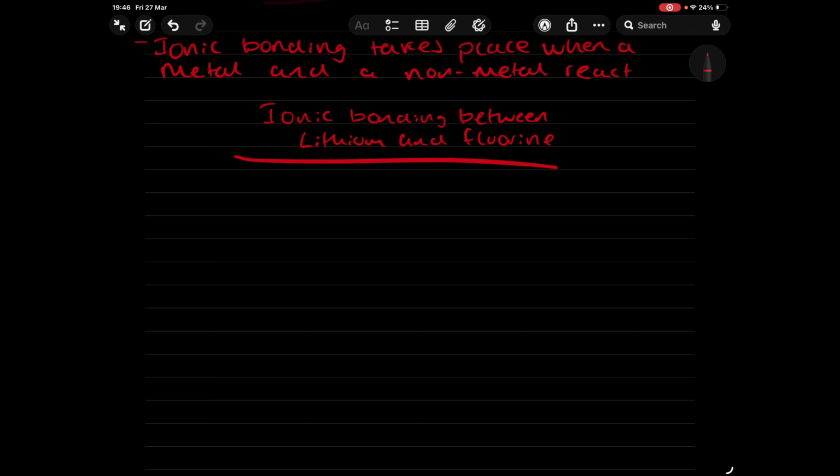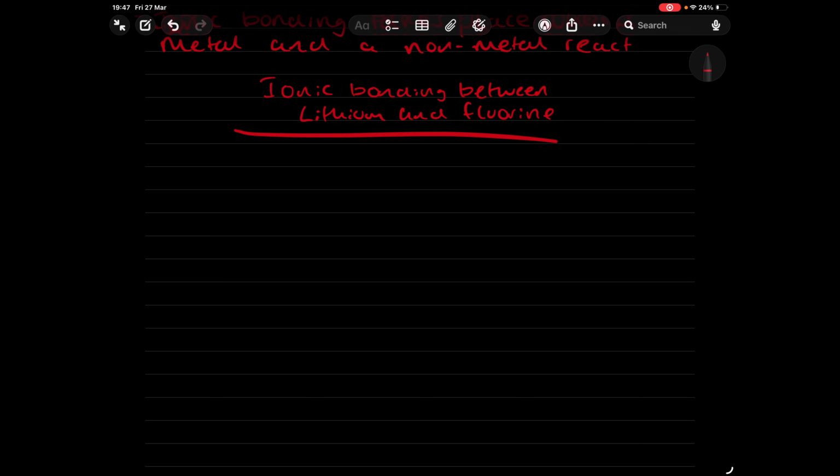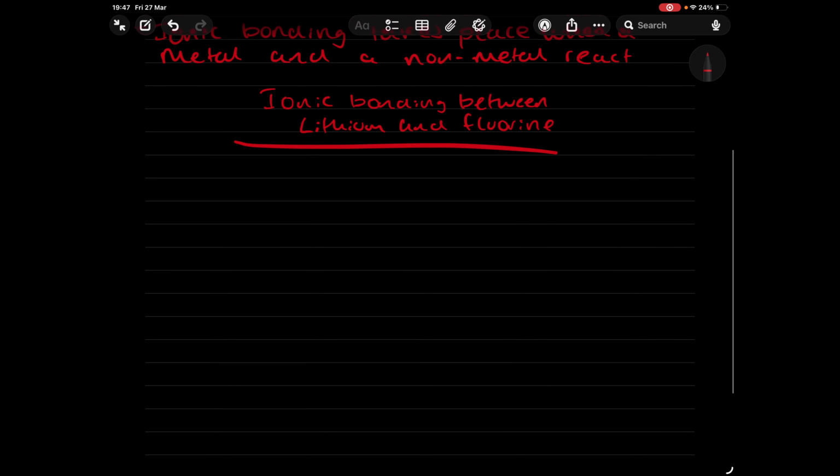So for example, a group 1 element reacts with a group 7 element. It's literally what we're looking at right now, because lithium is a group 1 and fluorine is a group 7.